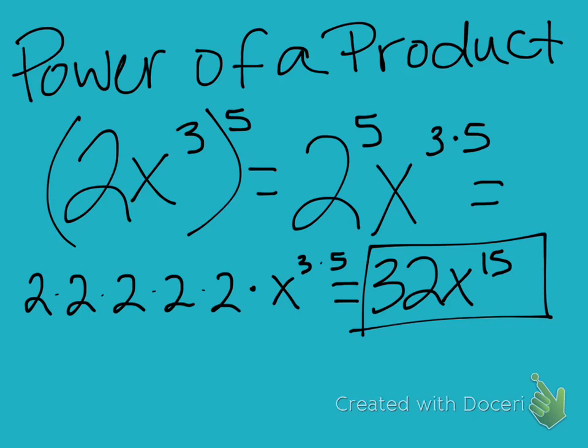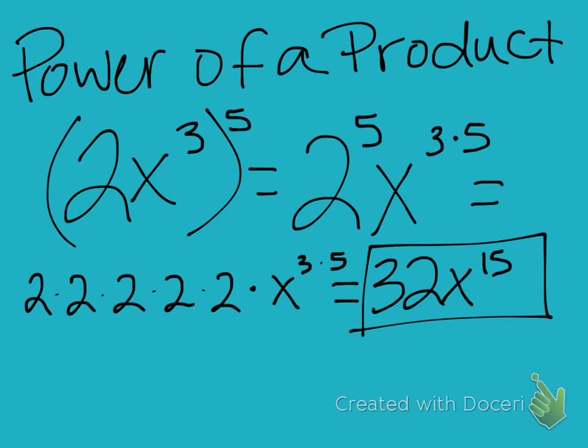Now, if we're talking about a power of a product, what does that mean? If we take (2x to the 3rd power) all to the 5th power, it's saying take everything inside those parentheses to that power that's outside. So we would take the 2 to the 5th power and the x to the 5th power. Now the x is already to the 3rd power, so we follow the rule of a power to a power.